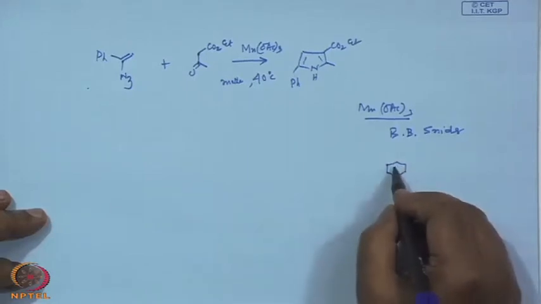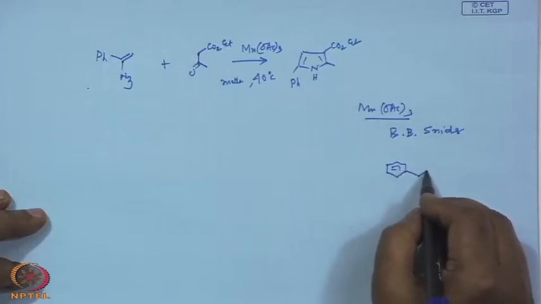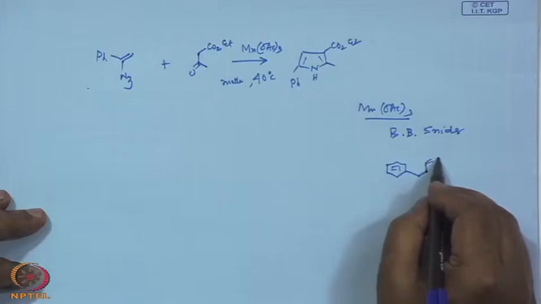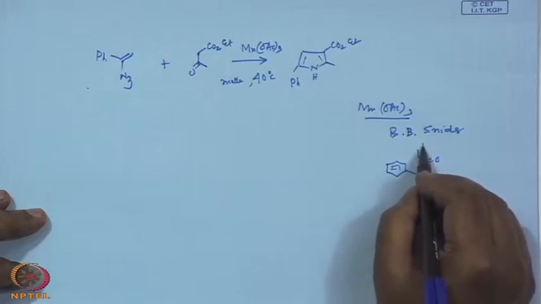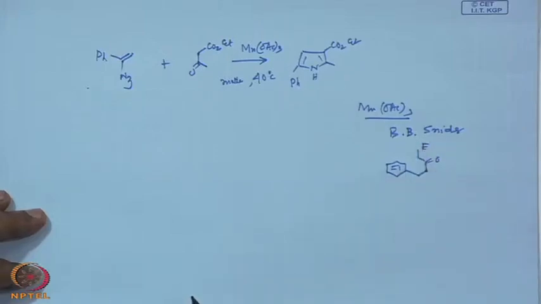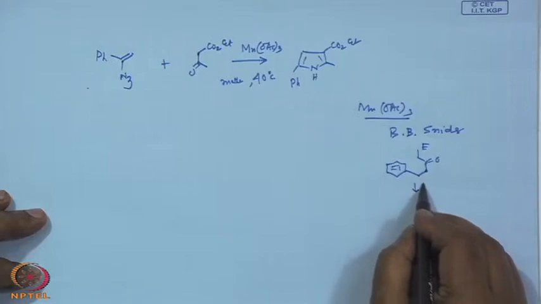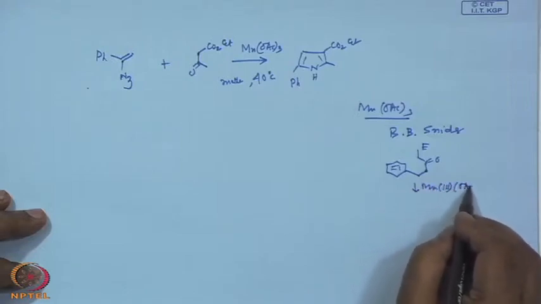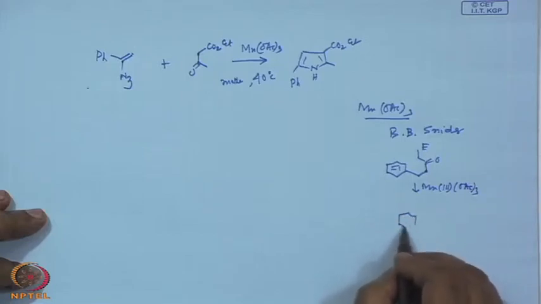At the moment I cannot give you an exact example, but I can roughly give you what he has done. Let us say if you have something like this, and then you have an ester group here. I may not be exactly correct, but almost correct. Okay. If you have something like this, then you treat with manganese triacetate.